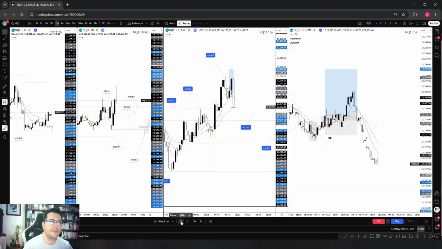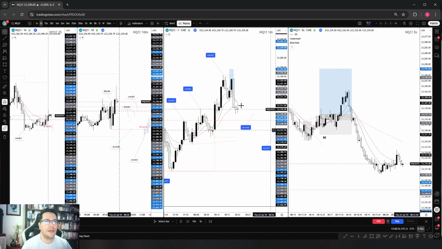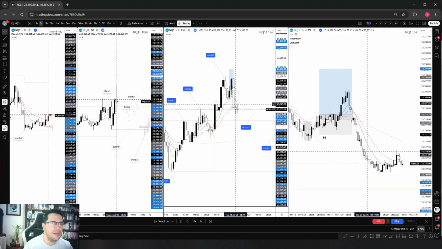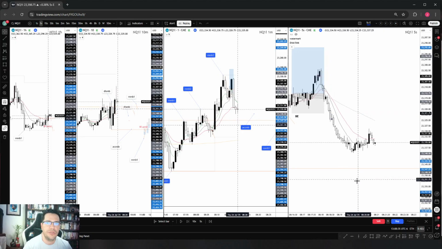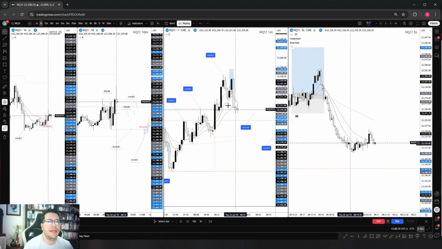From there price flushed right to the 20. This could be seen as an opportunity. Not quite the move that I like when it's just one strong candle. I don't like such a strong move on the flush.